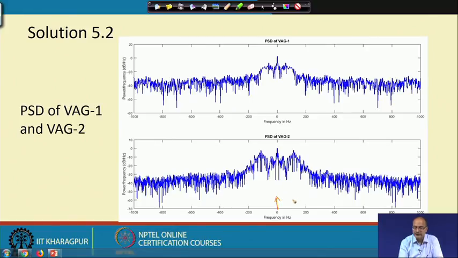Apart from that we have here and here two bands, and in this band we have a good amount of energy in both the cases. However, for VAG2, the strength of the signal in this band is more. Okay. So, that is what we notice.